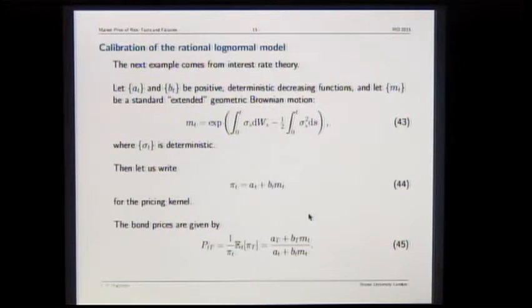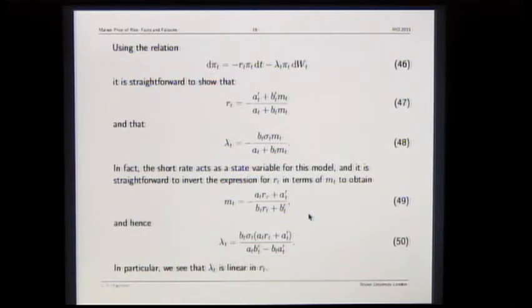So you can work out what the bond prices are, and you can also work out what the short rate and the market price of risk are. If you take the derivative of pi, then you get minus r is the drift and minus lambda is the volatility.